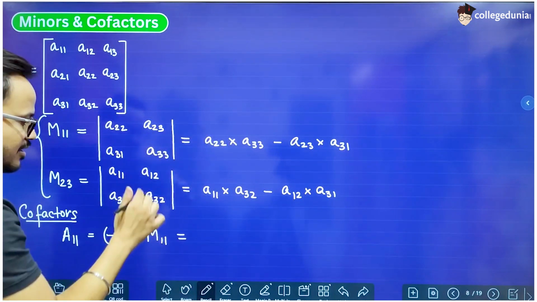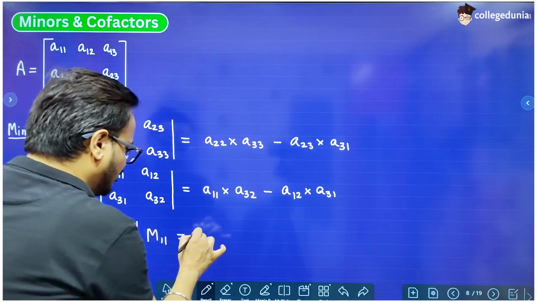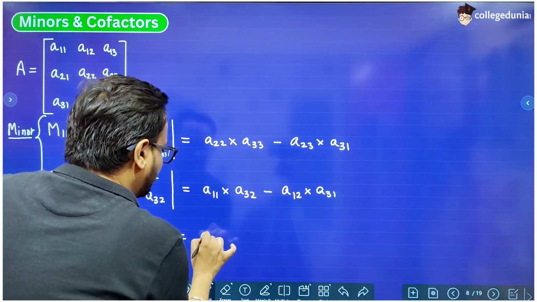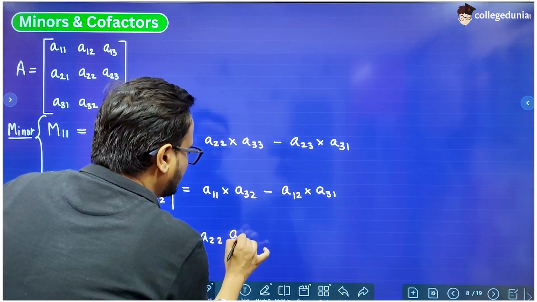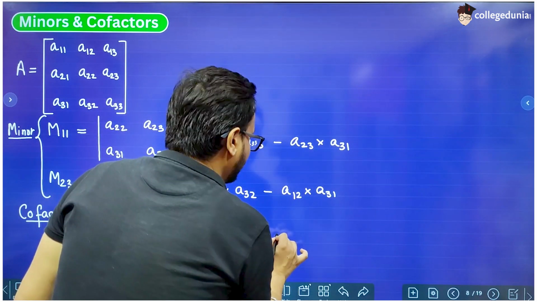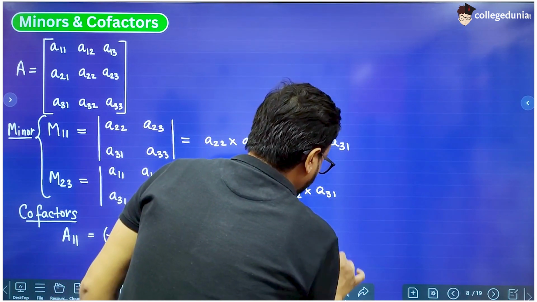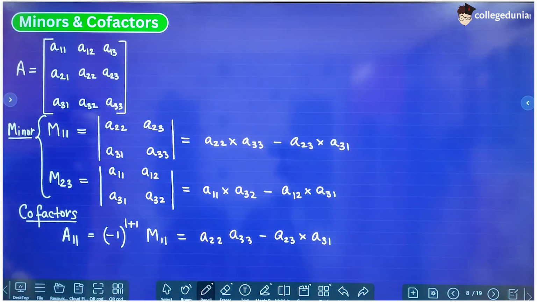So it is simply minus 1 to the power 1 plus 1, so it is positive. So the cofactor came out equal to the minor: A22 A33 minus A23 into A32.